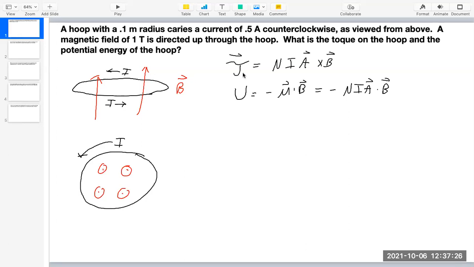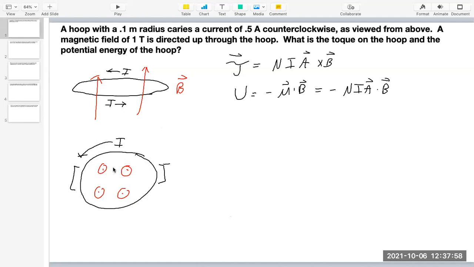So starting off with the torque, there would be none. So net force, there would be none because whatever net force this segment of wire gets, this segment of wire is going to get the opposite net force because the current's going in the opposite direction.